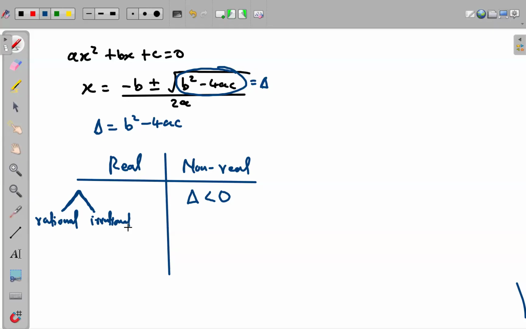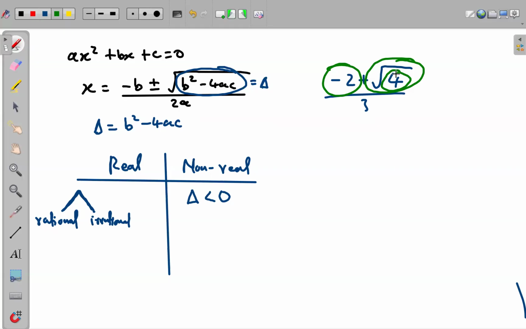So if they are rational, it means that delta is a perfect square, because think about it. If you are solving here, then let's say minus b, we get minus 2 plus something over 3, whatever the situation is. So the only way you can add a negative 2 to a square root of something is if that something inside the square root is a perfect square.